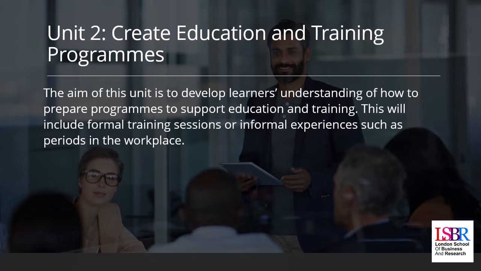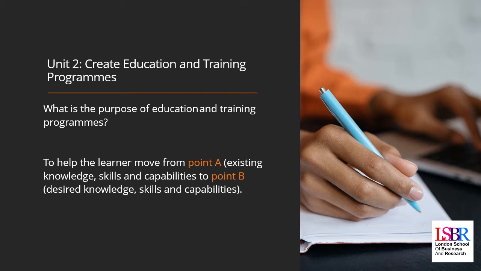Okay, so let's get started with the overview of Unit 2. Again, recapping here about the purpose of education and training programs. The primary purpose, what I would like you to always keep in mind, is to help your learner move from the current point A, where they currently are, or what their current existing knowledge, skills, and capabilities are, to where they want to be, to what their desired knowledge, skills, and capabilities are.